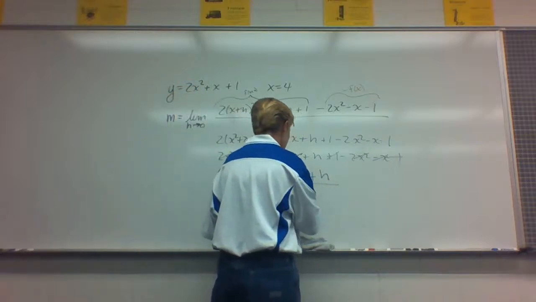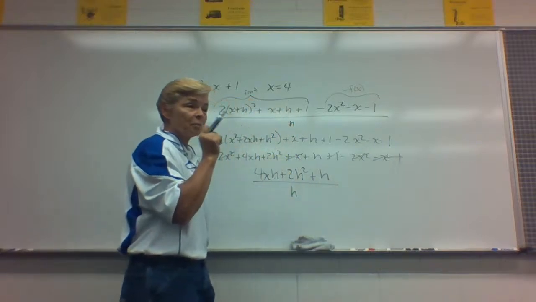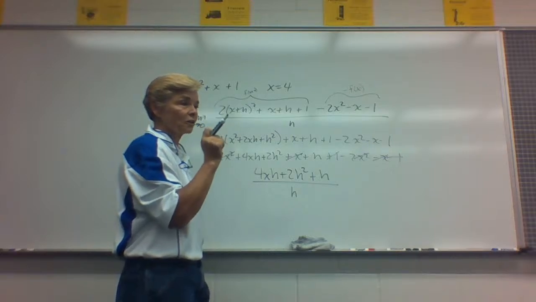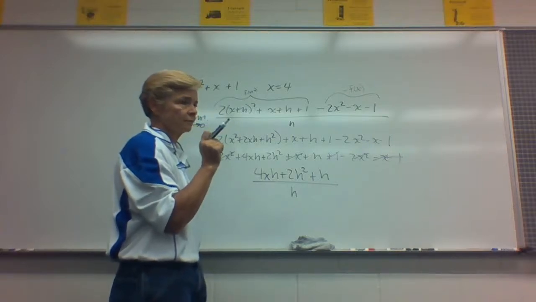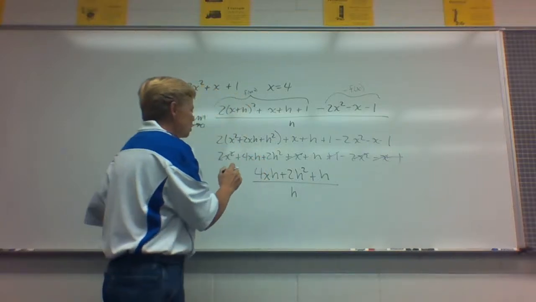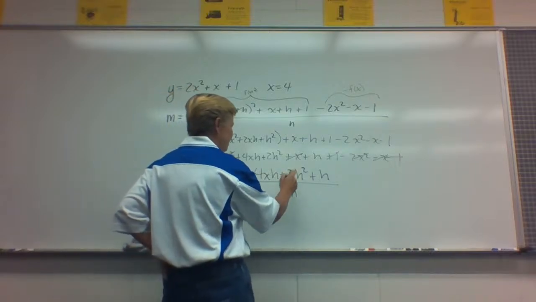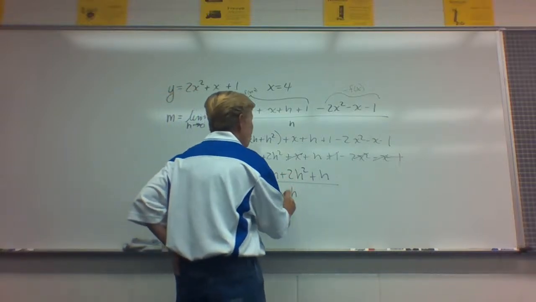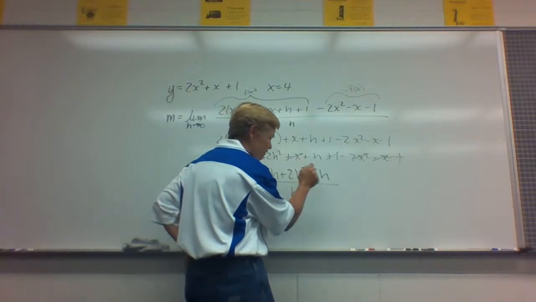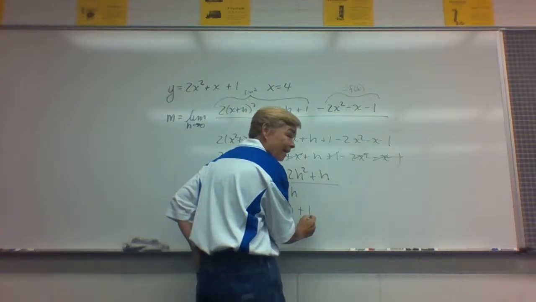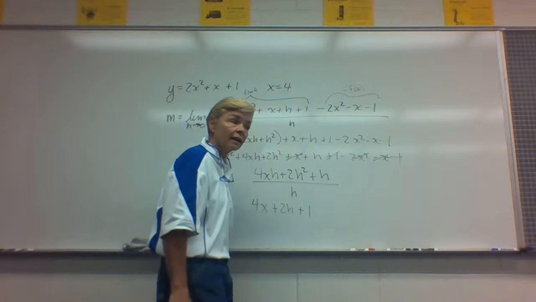Now here's where people get hung. Pay attention here, because this doesn't show up very often. When you divide the h out of there, you get 4x. When you divide an h out of there, you get plus 2h. When you divide the h out of there, you get plus 1, not nothing.